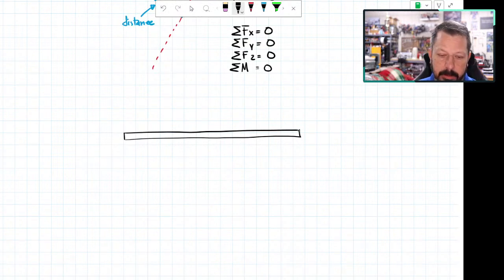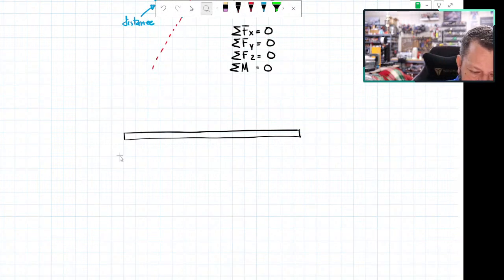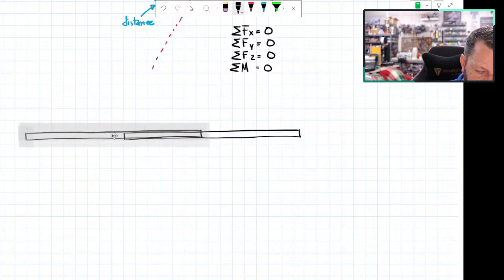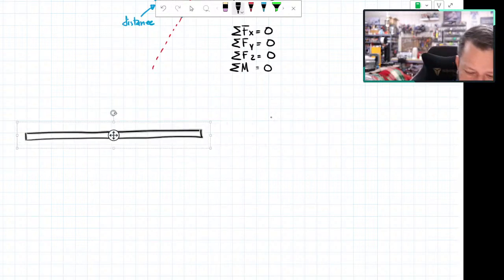There are three primary types of fixtures that we're going to encounter from here on out. There are other kinds, but they kind of all end up boiling down to one of these three. So one type of fixture, let's go off to the side, I guess. Let's move this over. And let's talk about fixtures for a second.